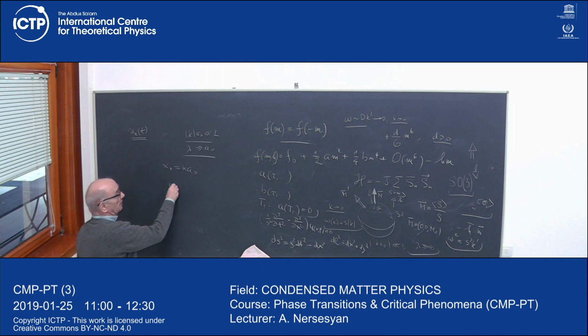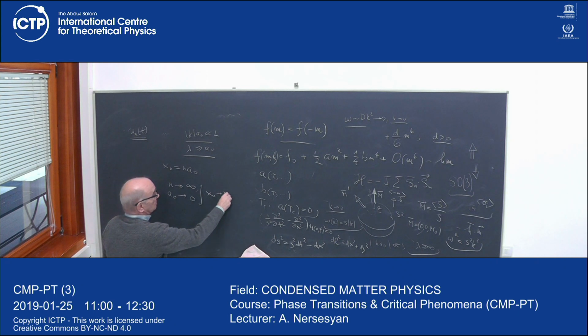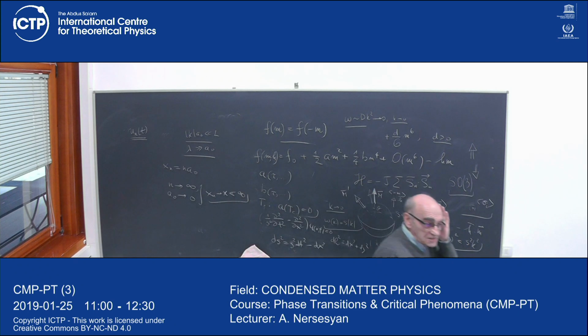I should send n to infinity, a naught to 0, such that x_n transforms to some x, which is finite. This is the mathematical prescription. Physicists are not always happy with this. A physical definition of the point x is different.